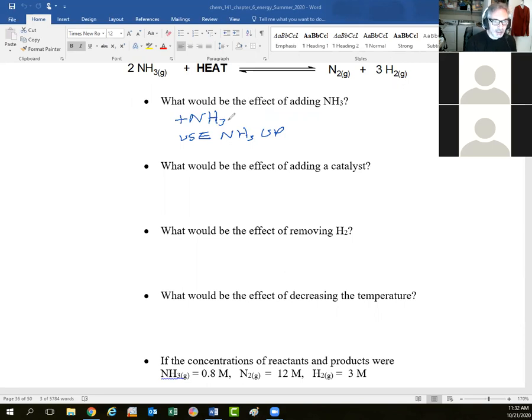So to use up that chemical, we're going to look at an equation. There's the ammonia there. And we're going to move away from the chemical position. That's a movement from left to right. That movement from left to right is favoring the forward reaction.